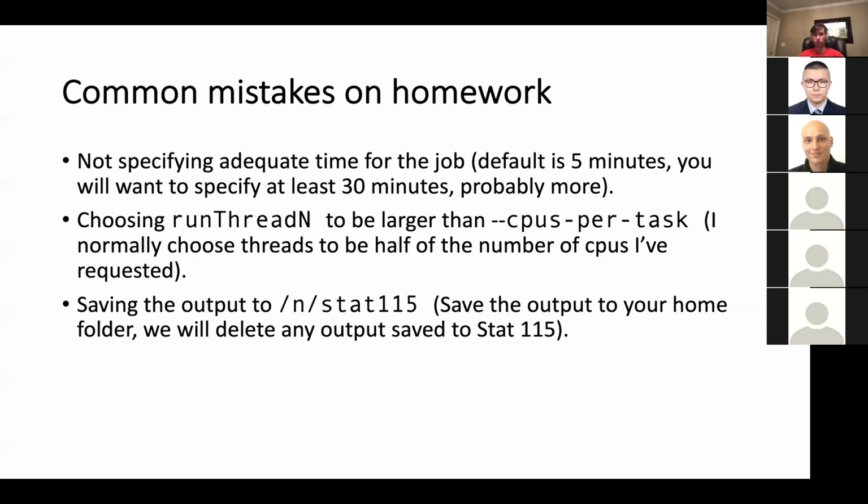I have another question. Sure. How do we save the new file to our home directory? Because when I run the STAR command, it says I don't have permission to write in the directory, so I don't know where to. That might be because you're trying to write to the stat115 directory.